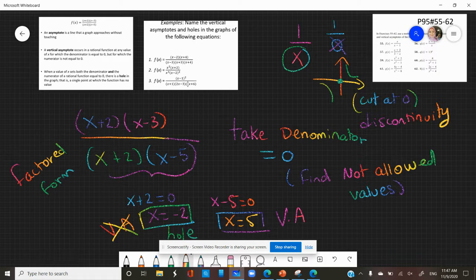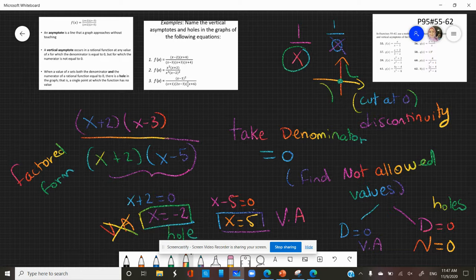So let's repeat that. Take the denominator, equal it to 0, and find the not allowed values. The values that make the denominator equal to 0 are the vertical asymptotes, and the ones that make the denominator equal to 0 and also the numerator equal to 0 will form the holes. If we go back to the example, it says name the vertical asymptotes.